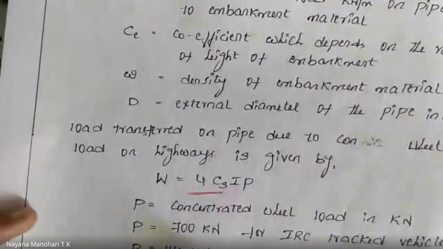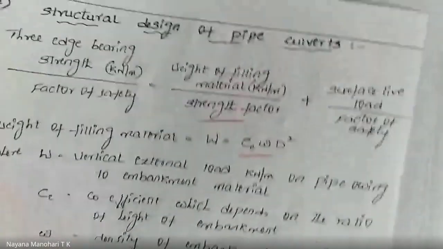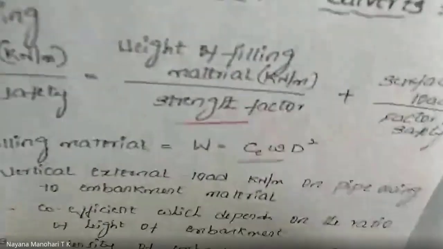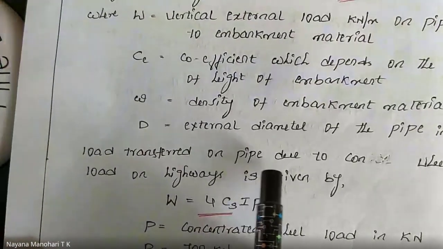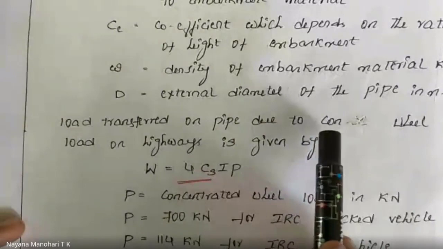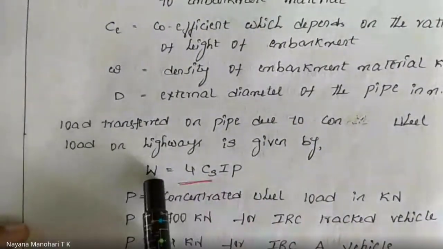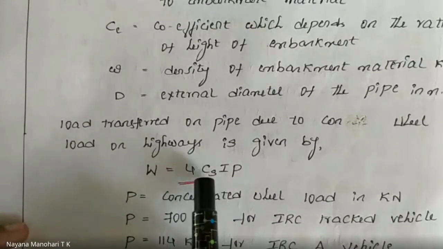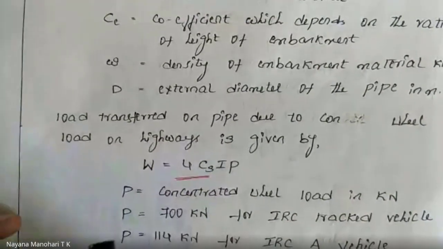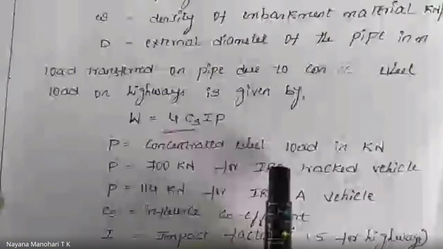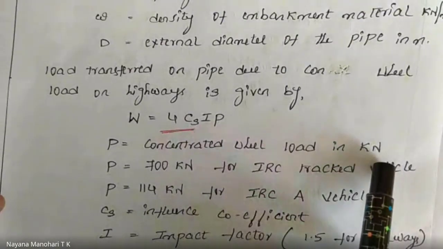Next is the surface live load. That is the load transferred on the pipe due to contact wheel load on highways. It is given by W equal to 4 into CS into I into P. P is the concentrated wheel load in kilonewton.